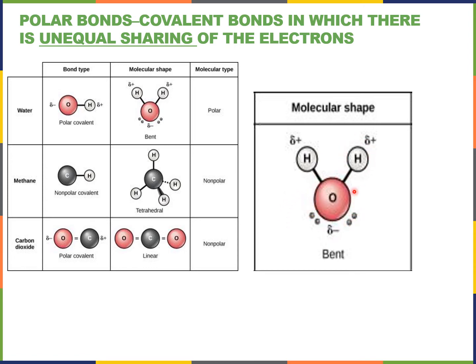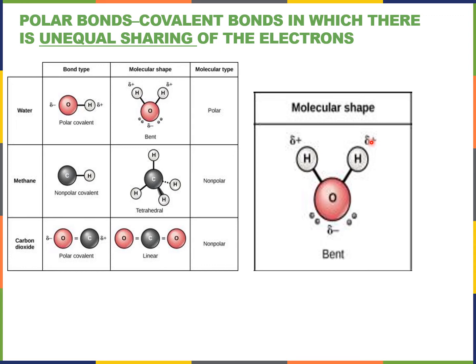Every so often it goes over and then comes back. Since it's not equal, it's not spending most of its time over here. More often than not, this oxygen has 1 or 2 electrons more than it does protons. Thus, it is semi or negative-ish. That's what this delta negative means.